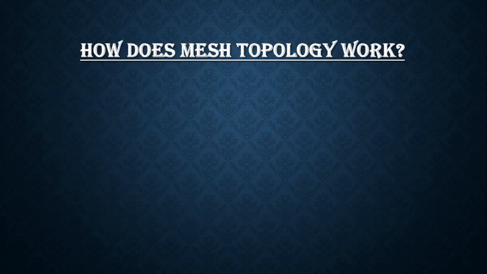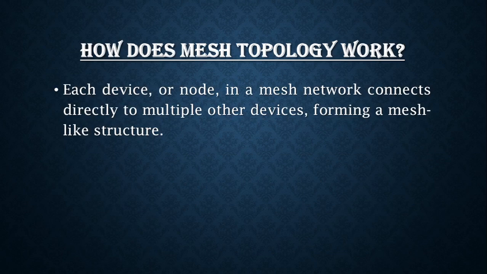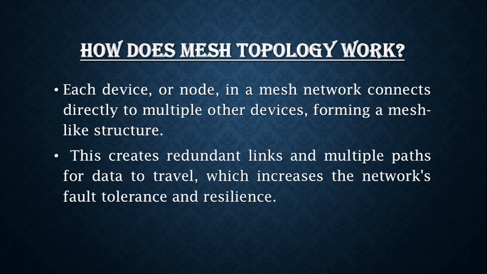So how does mesh topology work? Each device or node in a mesh network connects directly to multiple other devices, forming a mesh-like structure. This creates redundant links and multiple paths for data to travel, which increases the network's fault tolerance and resilience.